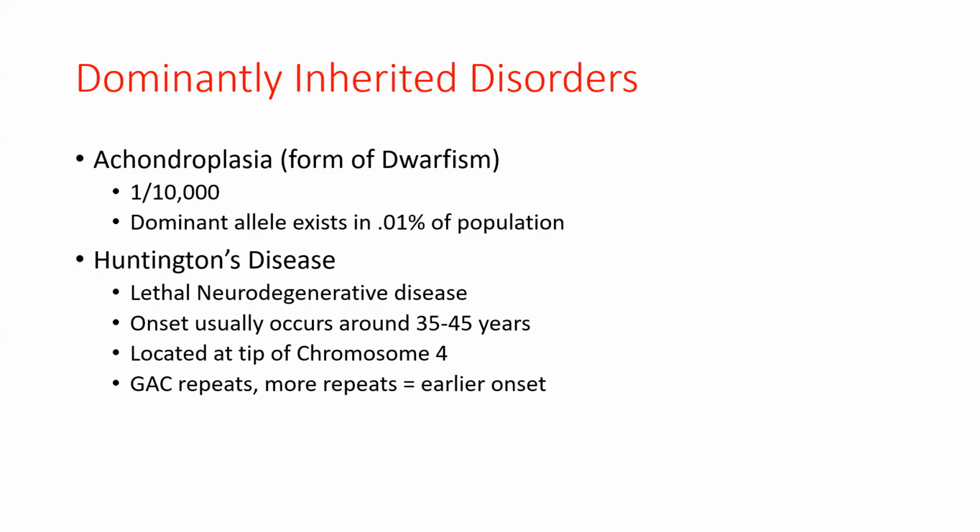Now, this is another one of these things where they say, okay, if it's a dominant disease and you only need one allele for this to kill you, why aren't more people dying of Huntington's disease? Because it's actually a fairly new allele. And it's normally found in Caucasians. So you have a small group of Caucasians that carry this allele for Huntington's disease.